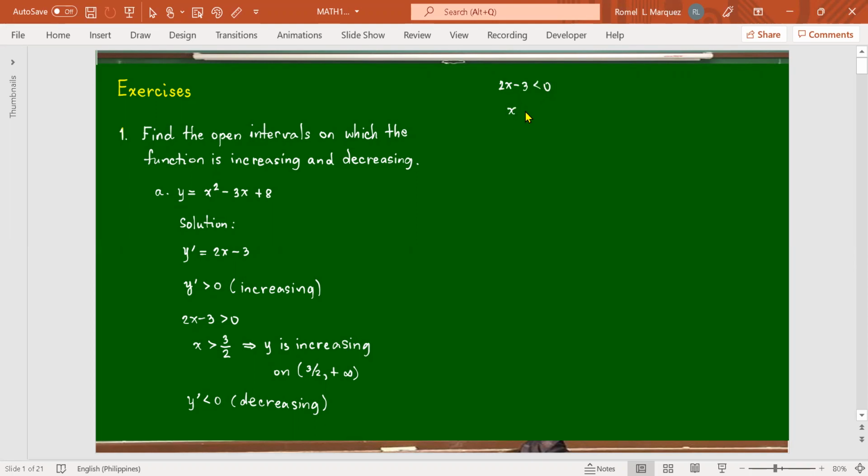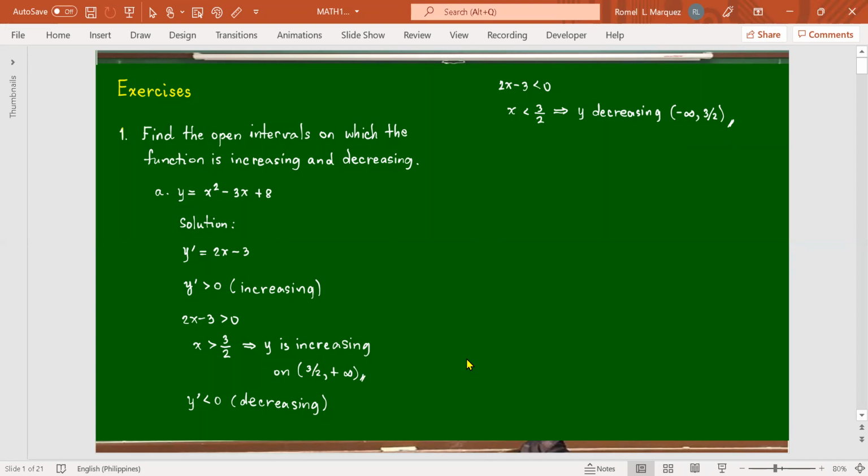Therefore, x is less than 3/2. So this means that y is decreasing on what interval? On negative infinity to less than 3/2. Okay, guys? Any question with this?